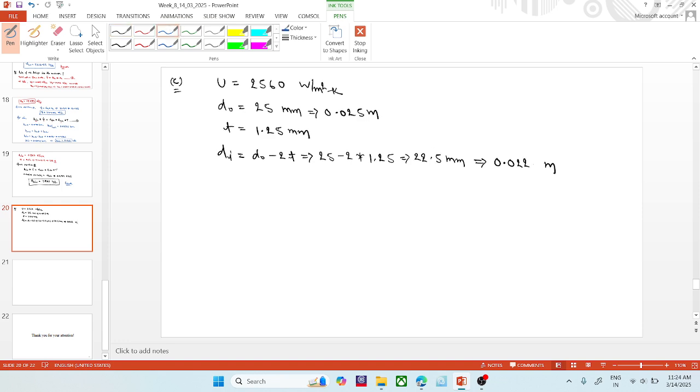So these are the values provided in the question, and the value we have calculated is the heat transfer rate to the cooling water, or the heat rejected in the condenser, as 141157 kilowatts. So this value we have just calculated.